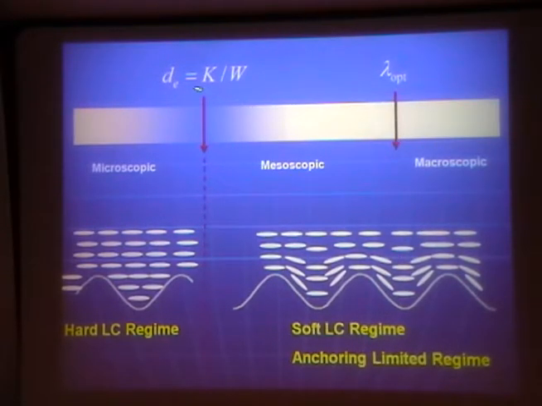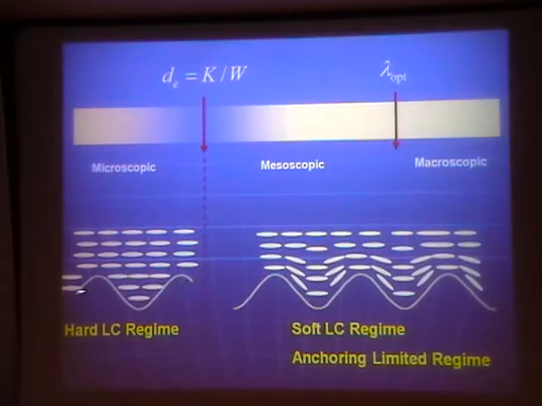When the structure is larger than this extrapolation length, we can just ignore the anchoring, and we can assume the anchoring is perfectly strong. In that case, elasticity can give us a perfect description of the behavior, and the Frank elasticity is the only ingredient we need to know. Because the liquid crystal follows the shapes, we call this the soft liquid crystal regime.